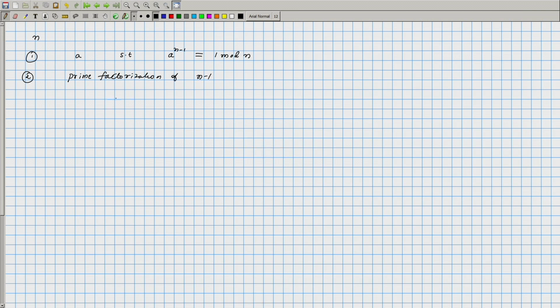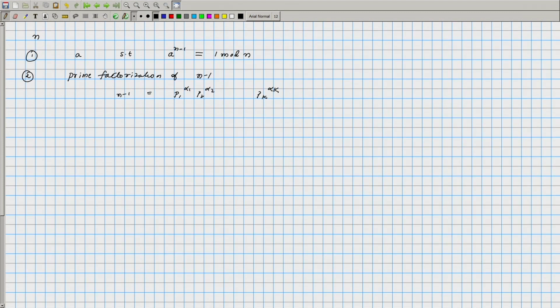That means n minus 1 should be presented as p1 to the alpha 1, p2 to the alpha 2, up to pk to the alpha k. Note that each of these p1, p2, pk are going to be prime factors. The number of distinct prime factors is going to be less than log n.